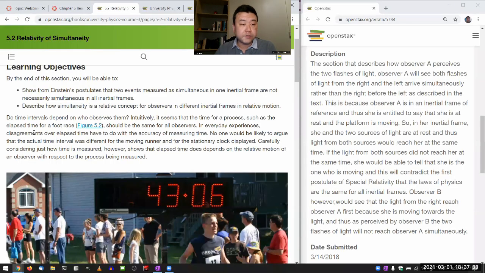No one would be likely to argue that the actual time interval was different for the moving runner and for the stationary clock displayed. Carefully considering just how time is measured, however, shows that elapsed time does depend on the relative motion of an observer with respect to the process being measured.